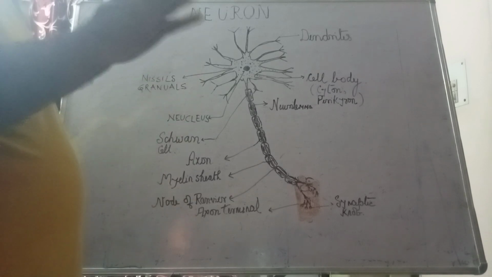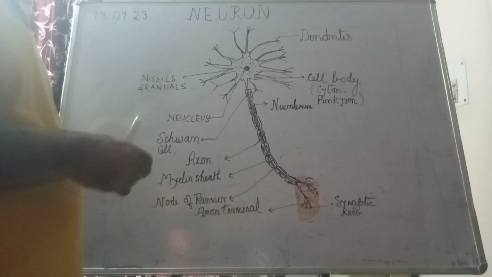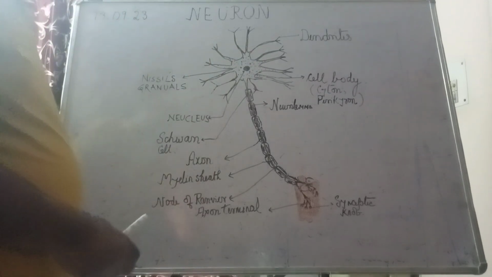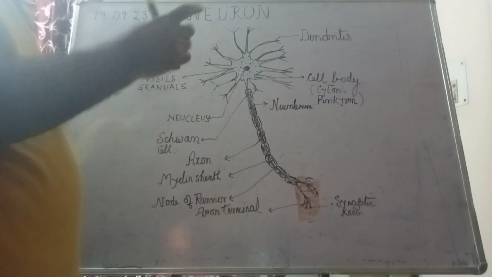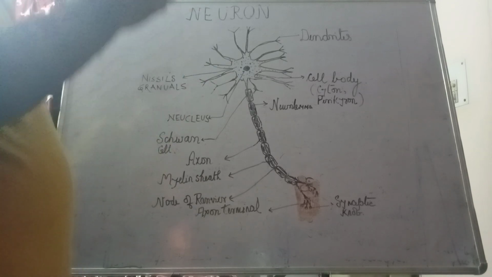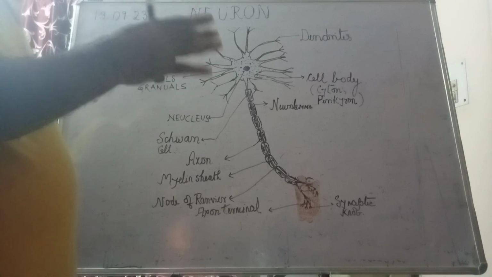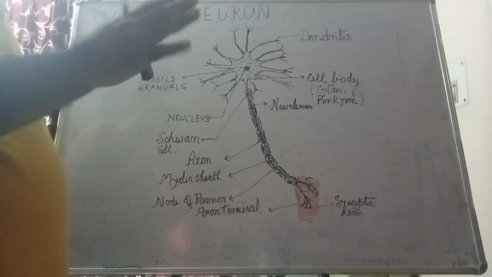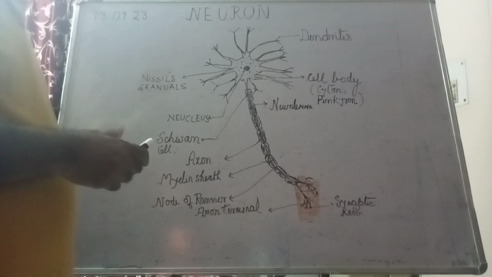So the sodium pump will pump back the positive sodium ions to the outer area, outside the membrane. So what is happening? Repolarization is taking place. The earlier stage, from where it started, the polarized stage, has been achieved again. So that is repolarization.